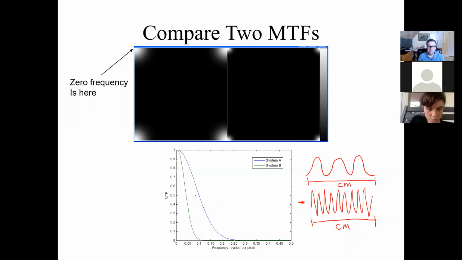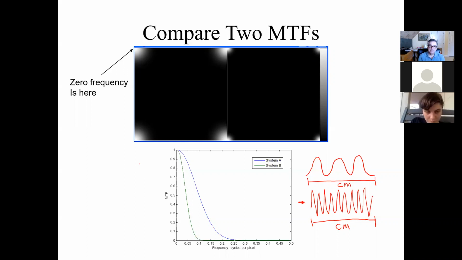Okay. So if you compare these two, you notice that the blue case, I guess system A, has higher responses at least at these mid-range frequencies, right, as compared to system B. And so as a result, system A would allow more high frequency through the system and therefore would provide more detail at the output.